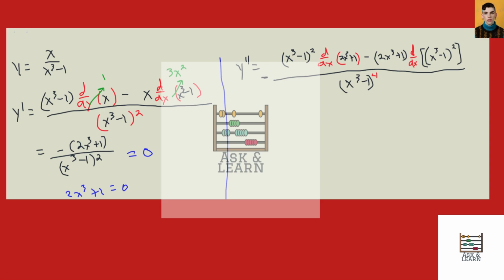Now, to take the derivative of 2x cubed plus 1, we're going to use power rule, so we're going to end up with 6x squared. And to take the derivative of x cubed minus 1 squared, we're going to need to use power and chain rule. So first, for the outside function, we get 2 times x cubed minus 1. Actually, let me go ahead and scoot this down a little bit.